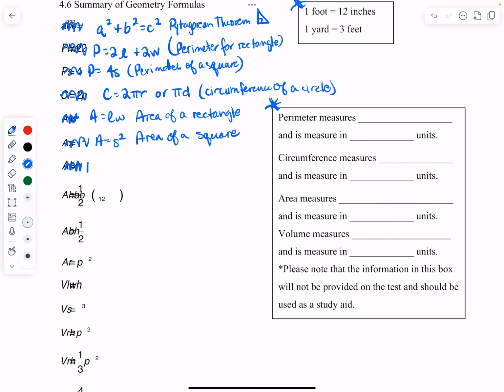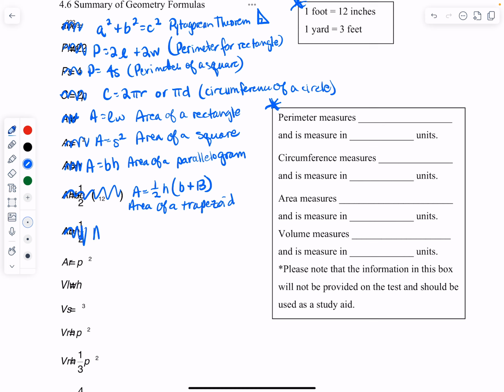Okay. Next one, area equals base times the height, is the area of a parallelogram. This next one is area equals 1/2 times the height, and then we have little base plus big base, and that is finding the area of a trapezoid.